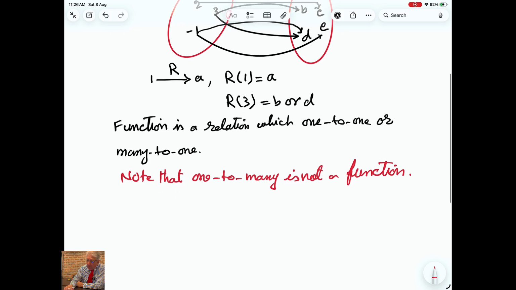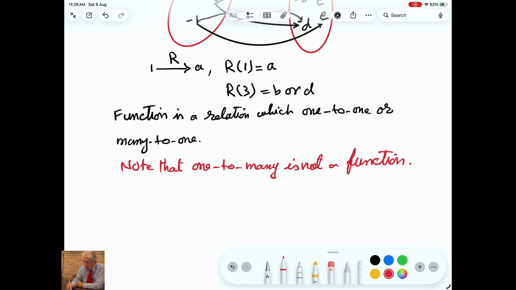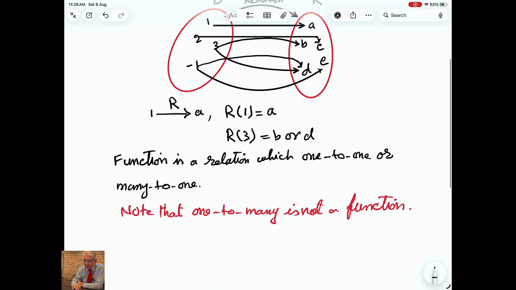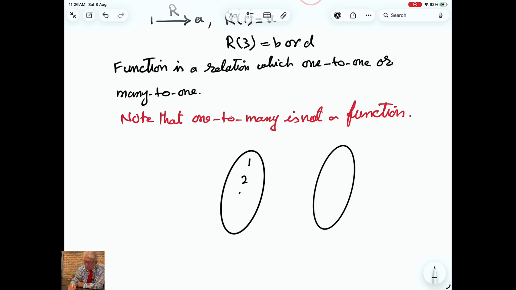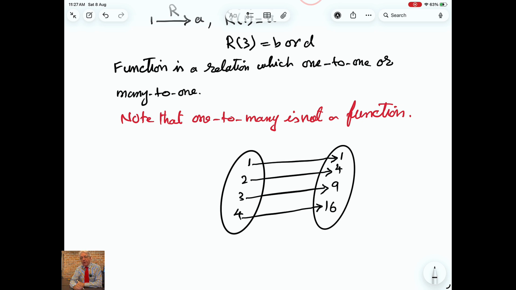Now, what is the meaning of one to one, and then many to one? Suppose you have a relation. Suppose you have got 1, 2, 3, and 4, and here you are having 1, 4, 9, and 16. You are saying 1 goes to 1, 2 goes to 4, 3 goes to 9, and 4 goes to 16. What is this?